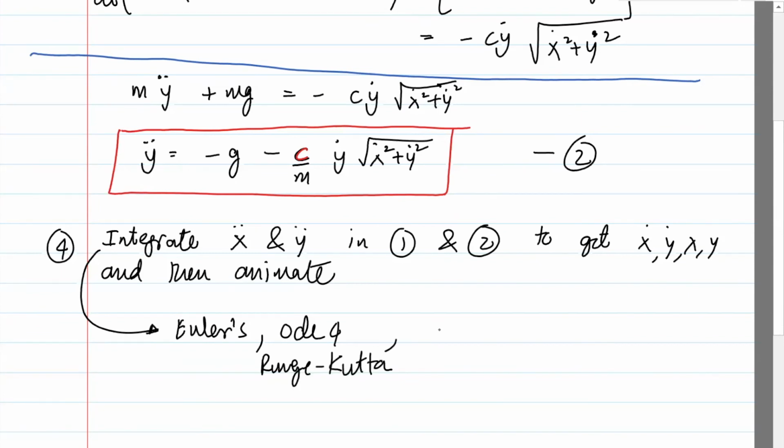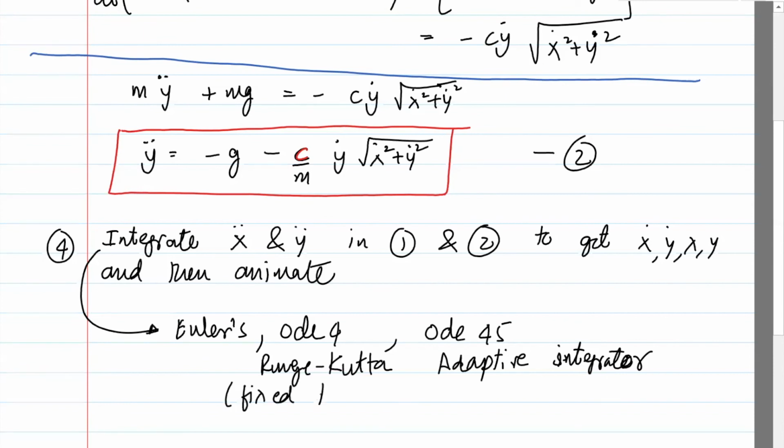And this time we'll do it with another solver called ODE45, which is basically an adaptive solver integrator. It is a much more efficient way of integrating the equations. It doesn't keep the time step fixed; it uses adaptive time steps.